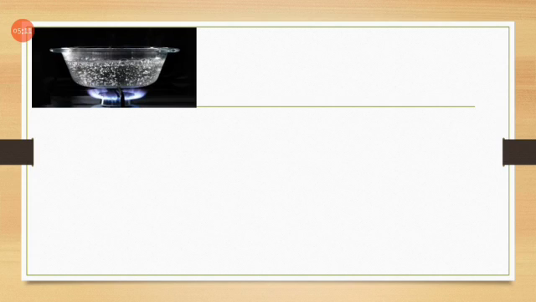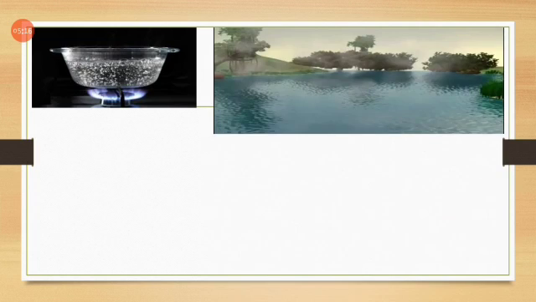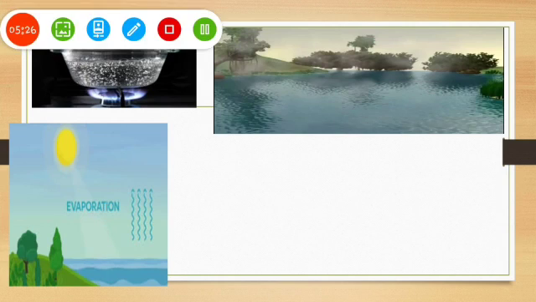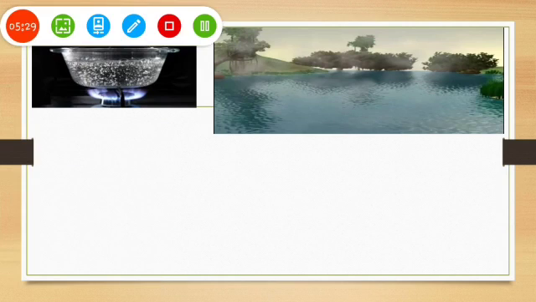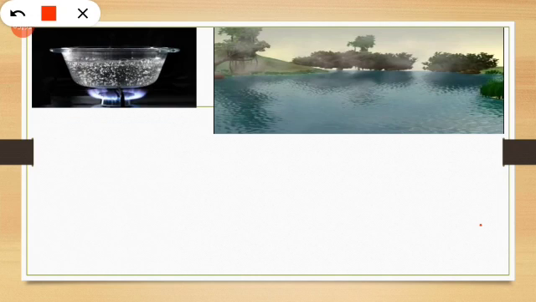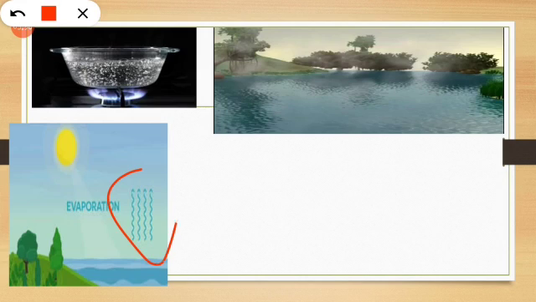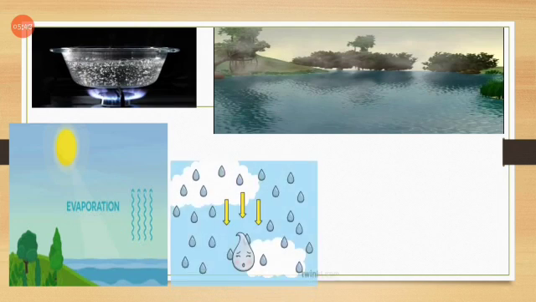The water evaporates from the various water bodies like ocean, sea, river, etc. This water vapor rises up into the sky. In the cool air, the water vapor becomes cool and changes into water droplets.